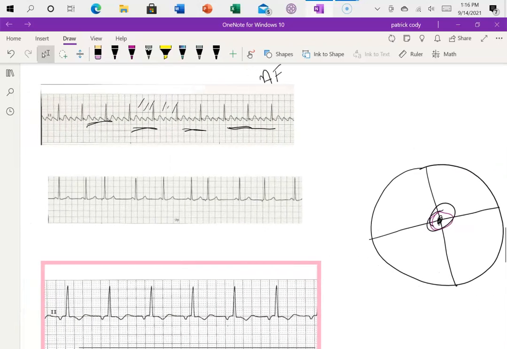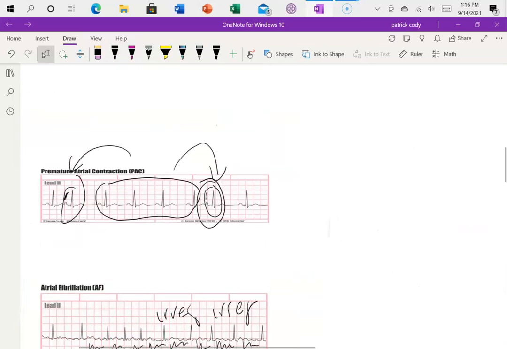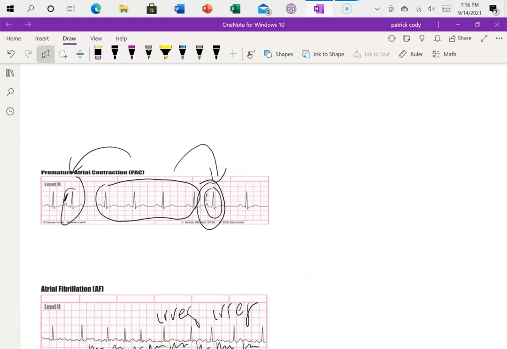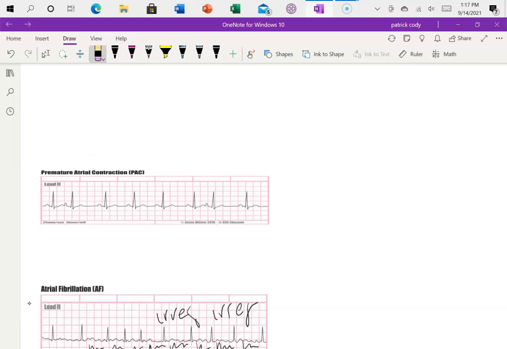So for example, I showed you up here the premature atrial contraction, right? And let me erase this to make it a little easier to see. As we're looking at this, we obviously see this premature beat here and this premature beat here, and we know it's atrial because it's got a P wave attached to it.